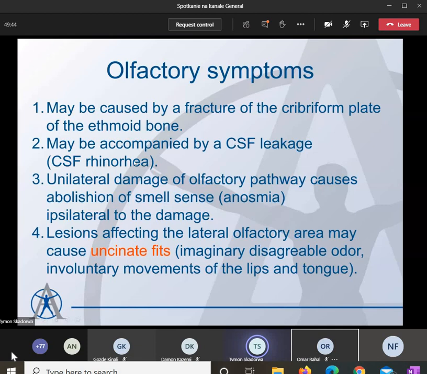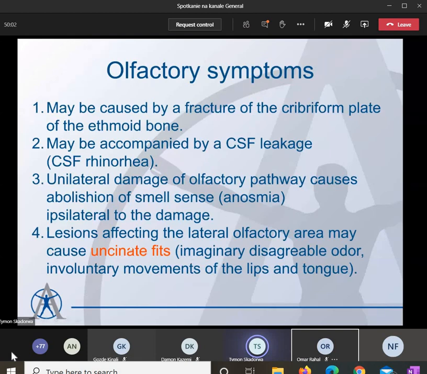Right? Rhinorrhea is a leakage of the CSF through the nose. Now, unilateral damage of the olfactory pathway causes abolition of the sense of smell. We call it anosmia, ipsilateral to the damage, simply because the pathway is not crossed.